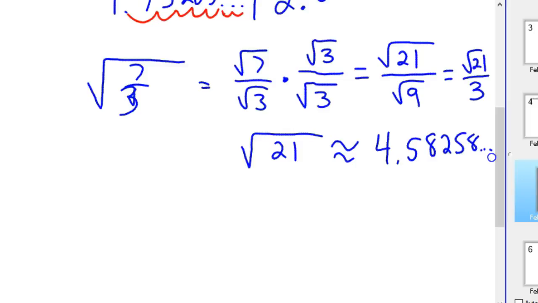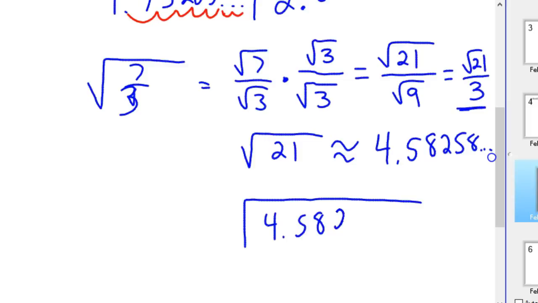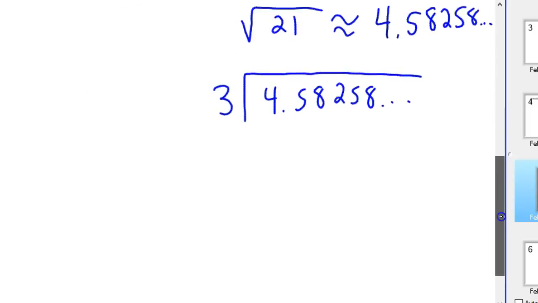I'm sure they're out there. We can find them. And we're going to divide that by 3. So the square root of 21 is approximately 4.58258 dot dot dot.